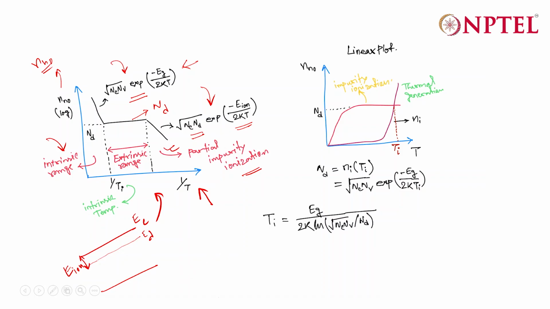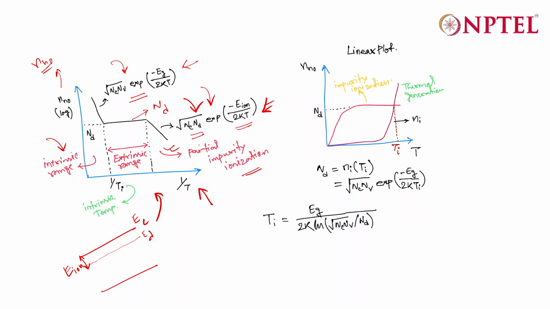That's why you can replace Eg with E ion, and then your Nv will be replaced by Nd. This is exactly what we have done in case of this expression.